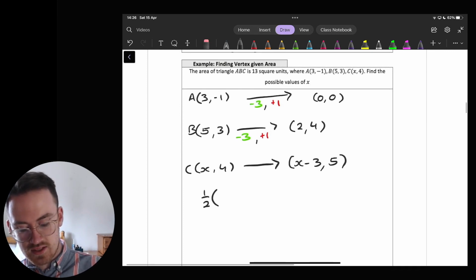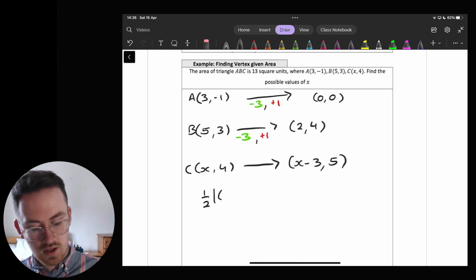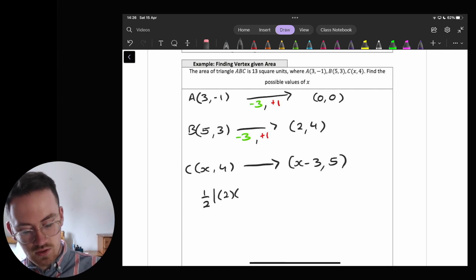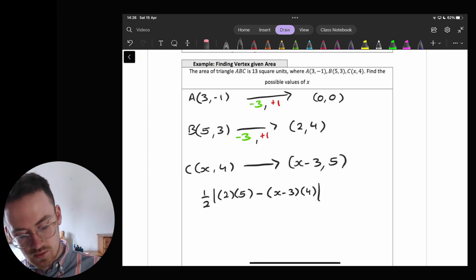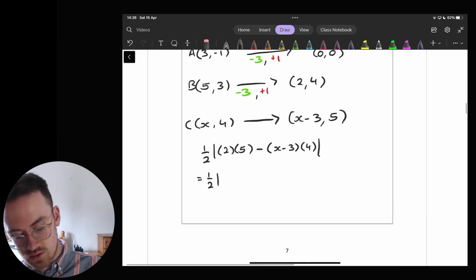So a half times, now we've written this formula down a few times, so you'll forgive me if I don't write it in again. So 2 by 5 minus x minus 3, excuse me, 4. Okay, let's keep going. So a half by 10, and then it's going to be minus 4 by x minus 3.